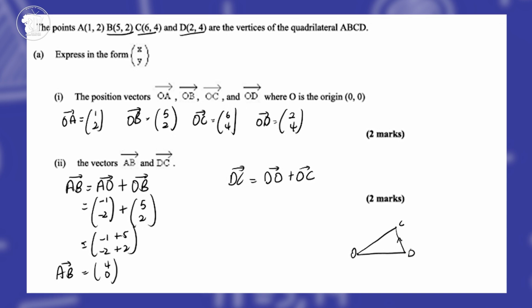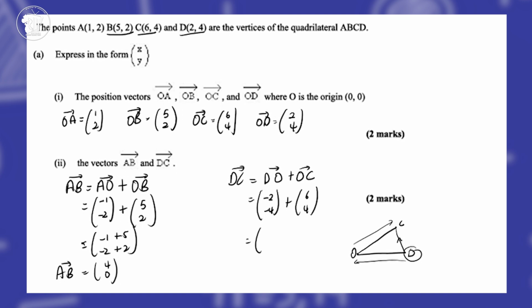In order to move from D to C, I have to complete the triangle again. I can move from the point D and travel to O. That's how I got DO. Then I can move from O and go to C. That's how I got DC. So I put in the figures. I know OD is (2, 4), so DO would be the negative of that, (-2, -4), plus OC, which is (6, 4).